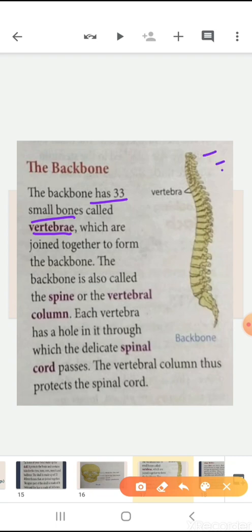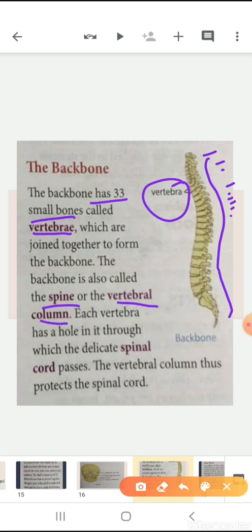Means the small 33 bones joined together are called vertebrae, okay, which form the backbone. Alright. The backbone is also called the spine. And we also call the backbone the spinal cord, right? Or vertebral column.